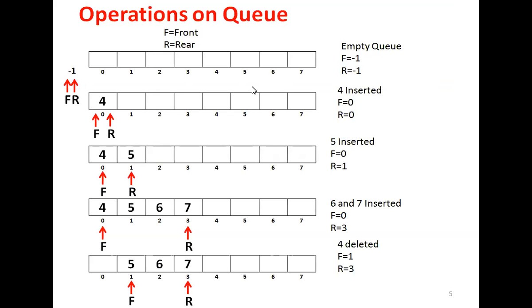If you are using an array to implement a queue, you first have to define the size of the array, and the size of the array is the maximum number of elements that can be stored in the queue. Suppose the queue is full. What will be the value of r? If the queue is full, can you tell me what will be the value of r? Size minus 1.